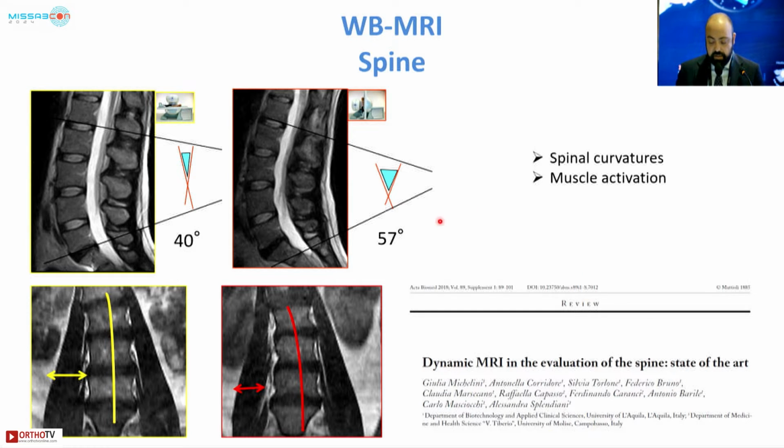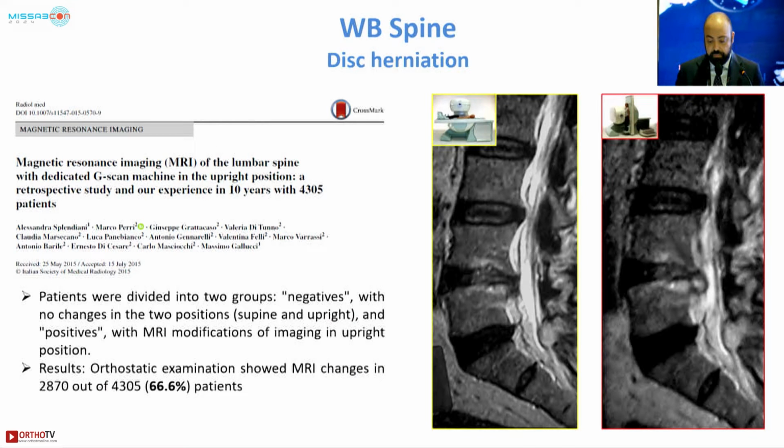In this article we reviewed the state of the art of dynamic MRI of the spine, from the anatomical evidence to pathological findings. After 10 years of experience with G-scan, we published this article reviewing the lumbar MRI examinations of more than 4,000 patients, and we roughly divided the patients into two groups: patients negative with no changes in the two positions, and patients with modifications on imaging after load.